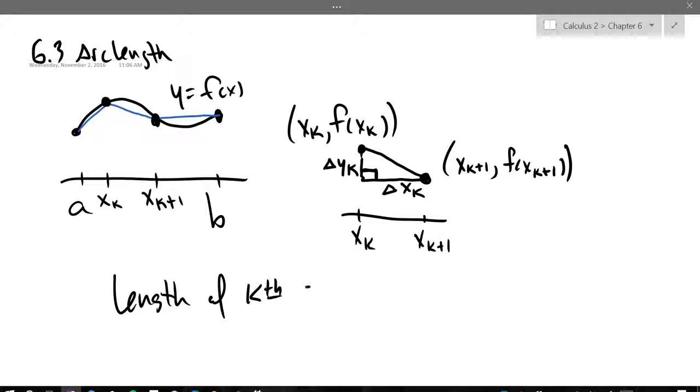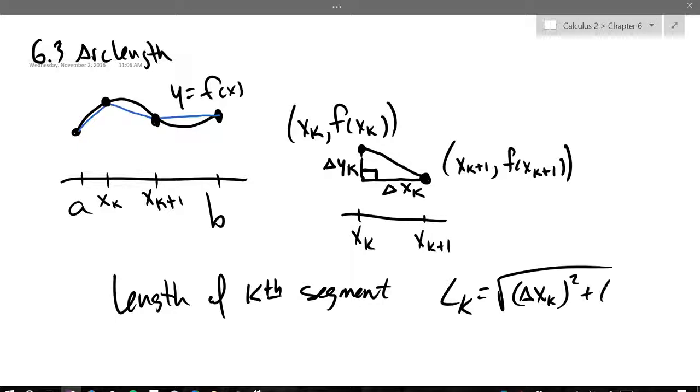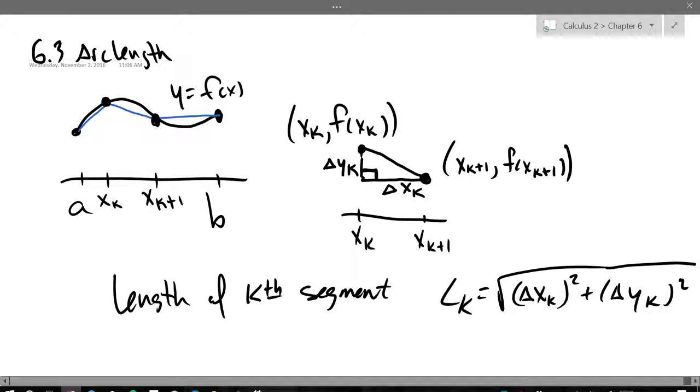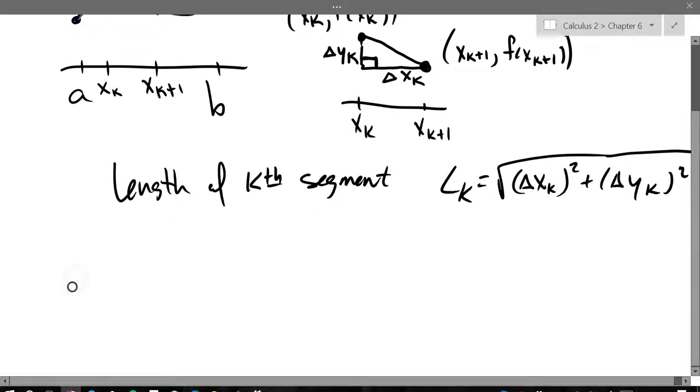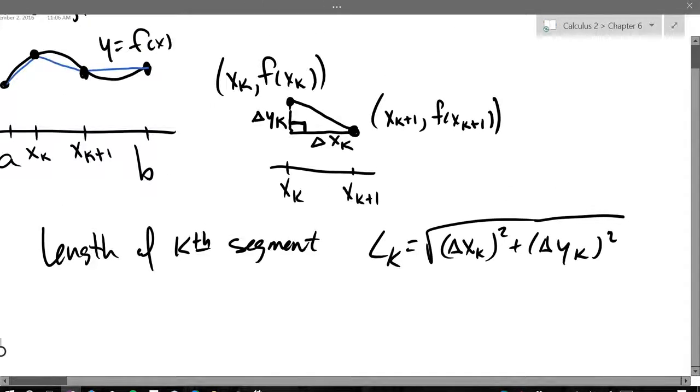So the length of the kth segment, we'll call it Lk, is the square root of delta xk squared plus delta yk squared. That should make sense from the Pythagorean theorem. And now we're just going to write in what these actual values are.